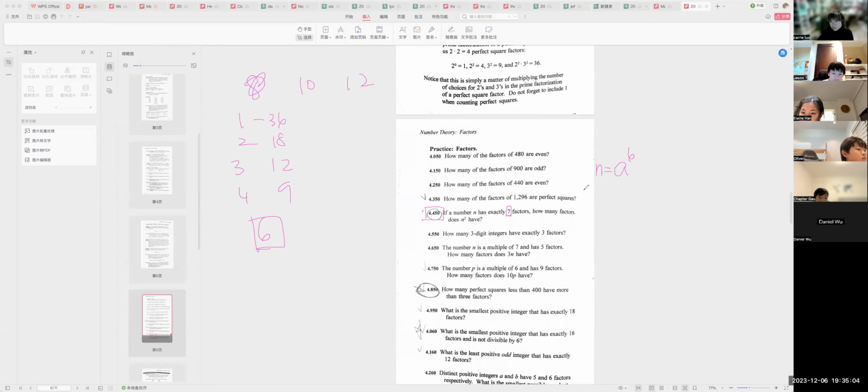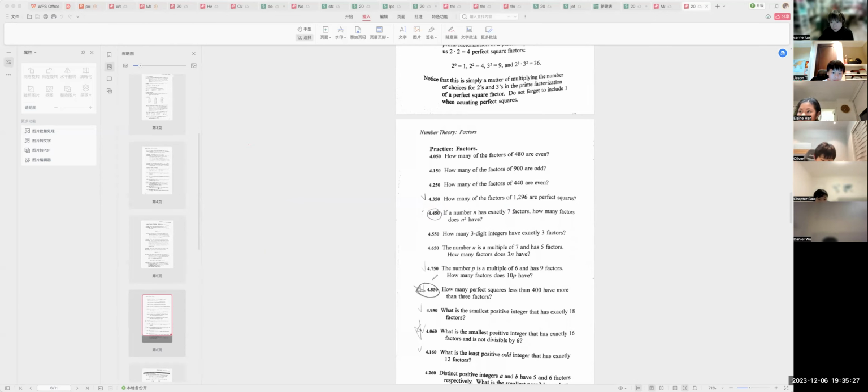So how many factors does n squared have? Because n equals a to the power 6, n squared equals a to the power 12. Am I right, everybody? So how many factors does this one have? 12 plus 1 equals 13 factors. Good job, Jason. Very good.